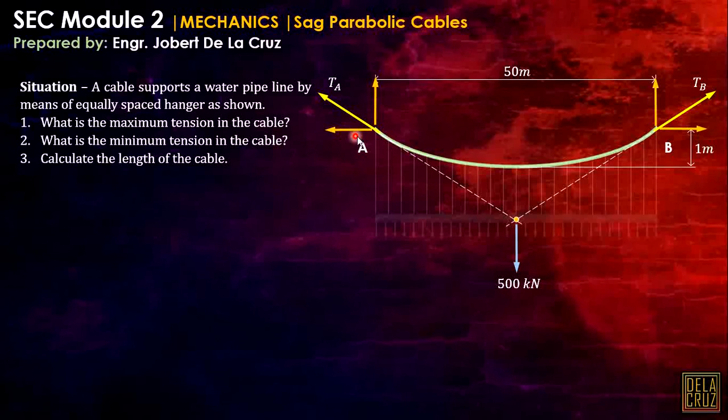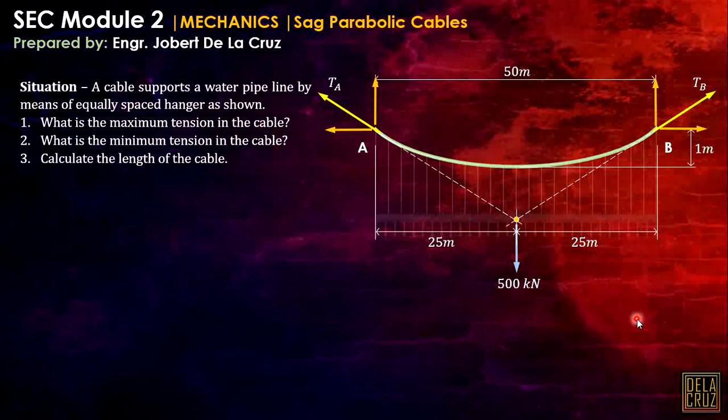If we take point A and point B and draw tangent lines, the tangent lines are the same as the lines of action of the tension forces. This is the principle of the parabola: they will always meet halfway. So if that is 50 meters, it is 25 meters.